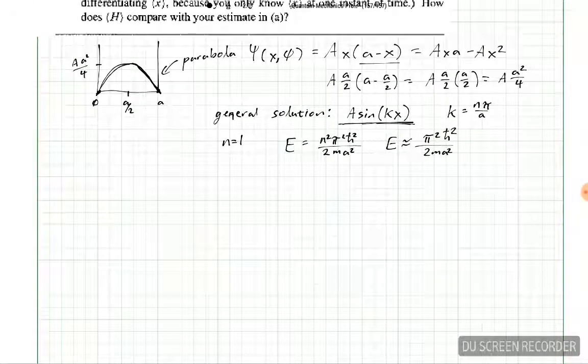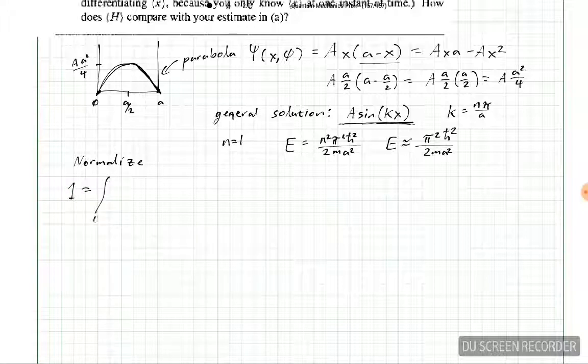Now let's go ahead and normalize it. So we're going to have 1. So the probability of finding our particle in the well is 100%. And now we take our wave function, a minus x, and that whole thing squared.